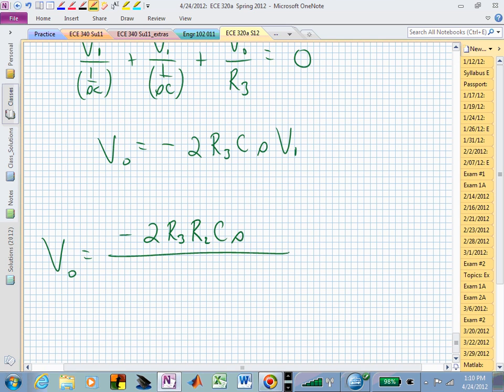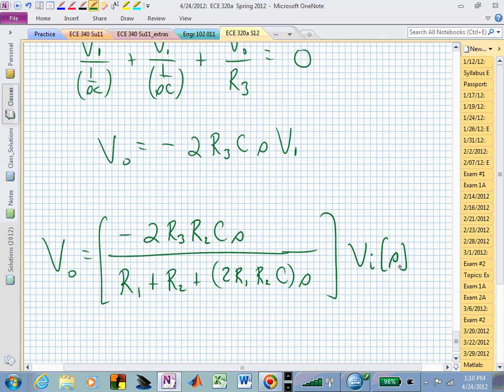So we now have minus 2 R sub 2 R sub 3 CS over R1 plus R2 plus 2 R1 R2 C times S. And that is our transfer function between V sub I and V sub O.